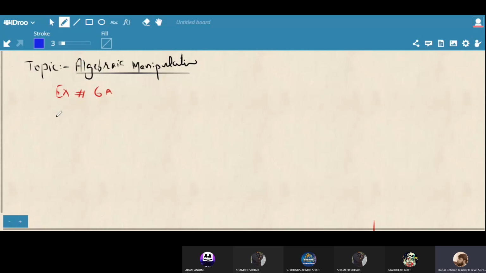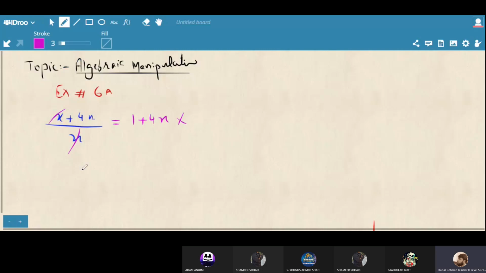For instance, students, I say x plus 4x upon x. This is not possible. Please pay attention. This is not possible, that you cancel these two and write the answer 1 plus 4x. That is not correct. This is what we have learned yesterday.